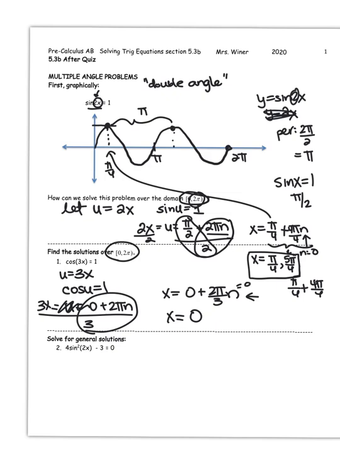Then I'm just going to continually add on 2 pi over 3 until I get to under 2 pi, because that's an open circle. So 0 plus 2 pi over 3 is 2 pi over 3, plus another 2 pi over 3 is 4 pi over 3, plus another 2 pi over 3 is 6 pi over 3. But that's 2 pi, and I can't get anything beyond 2 pi, not even including 2 pi. So those are my 3 answers.